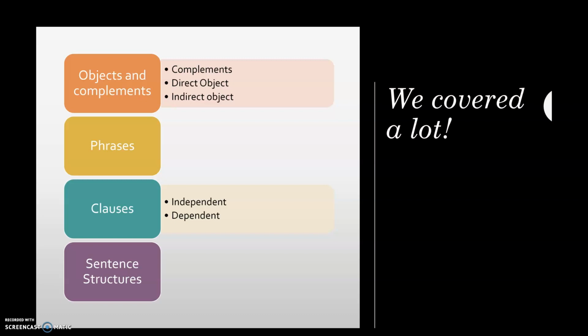We discussed how clauses must have a subject and a predicate. Independent clauses form a complete thought and form a simple sentence on their own. Dependent clauses often have a word added that makes it so that it must be connected to an independent clause because it does not form a complete thought. Independent clauses will pass the "I know that" test. Dependent clauses will not. And we talked about the four sentence structures: simple, compound, complex, and compound complex.